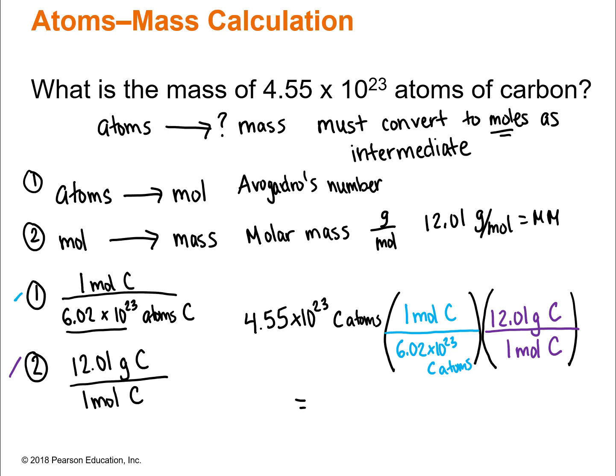You're going to put in the 4.55 times 10 to the 23rd, divide by Avogadro's number, and then multiply by 12.01. Once you do that, you can throw your answer in the chat. But I want you to try it in your calculator because this is important. If you can't do it in your calculator, then you're going to be lost.